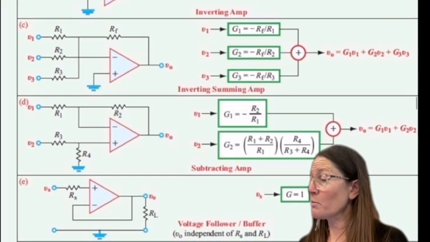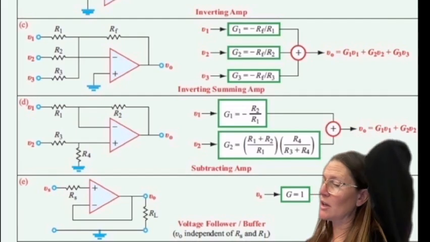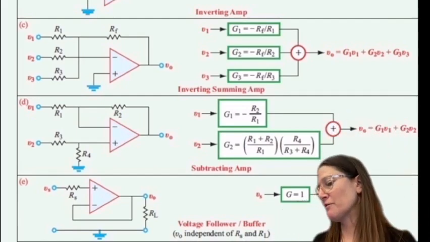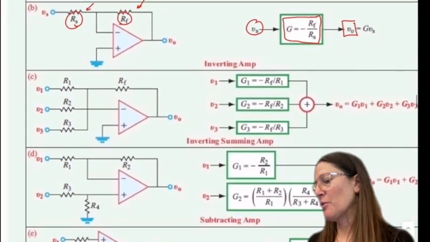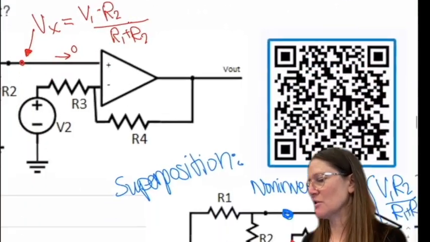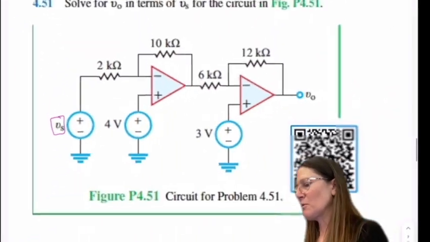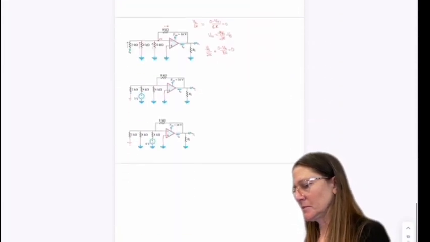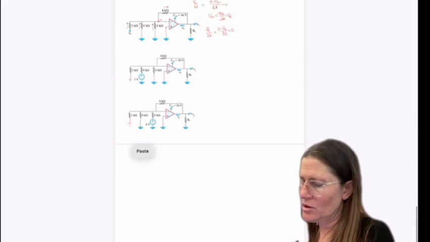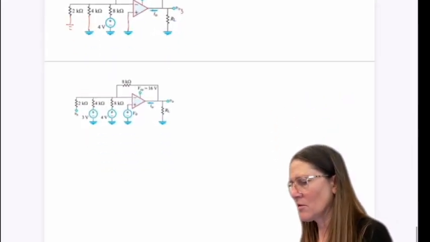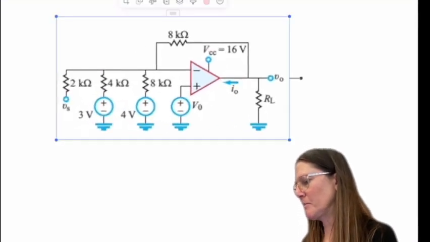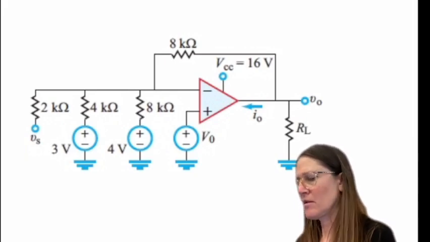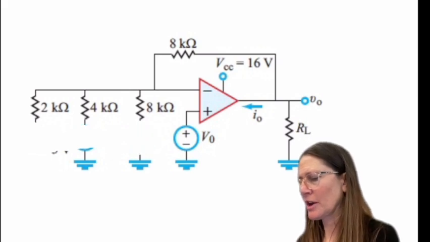So you could do them by superposition again, where you get the answer for the inverting summer, and then you get the answer for the one with the positive. Let me draw that one. So if you have a voltage here, it will look like this.